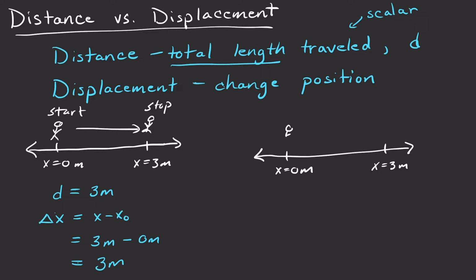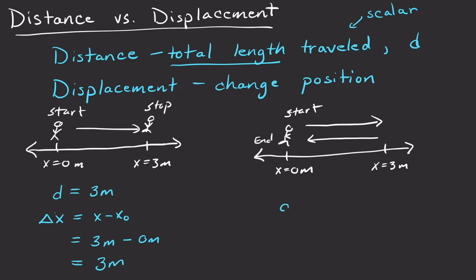where you start from the same point, x equals 0, and you go to x equals 3 meters, but then you turn around and you come back. So you're going to start here and you're going to end here.